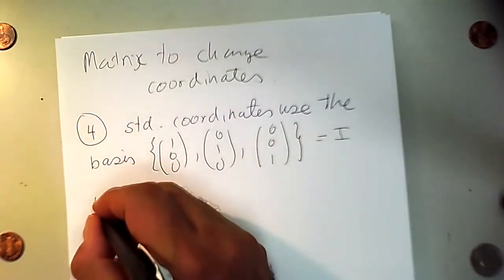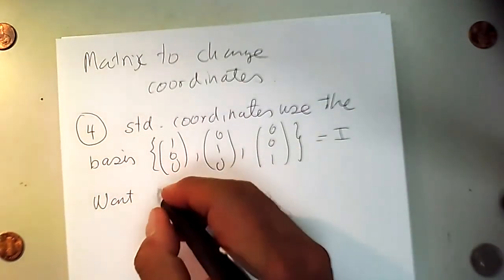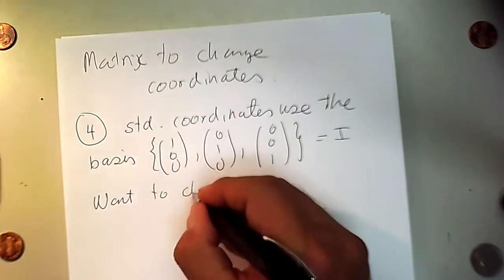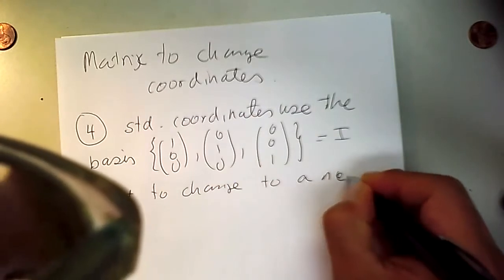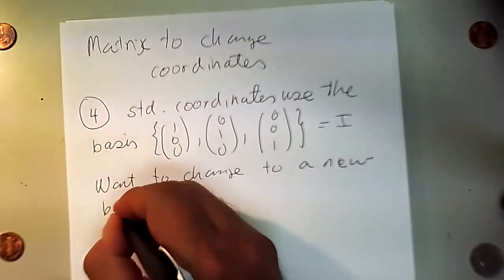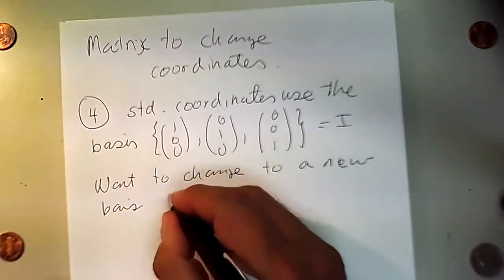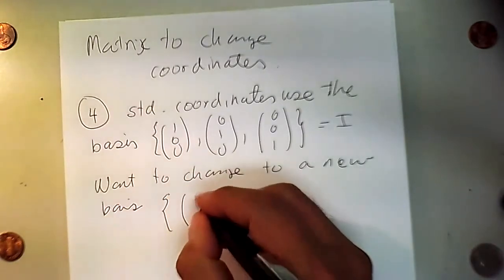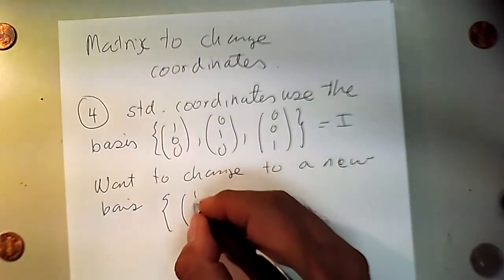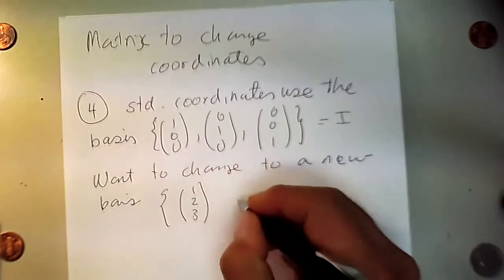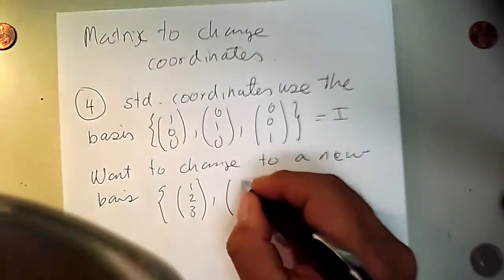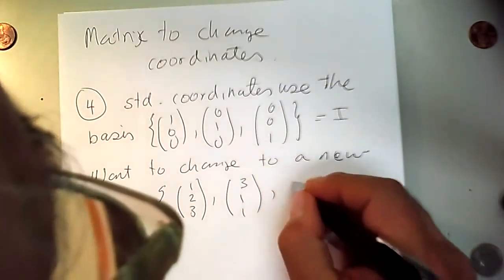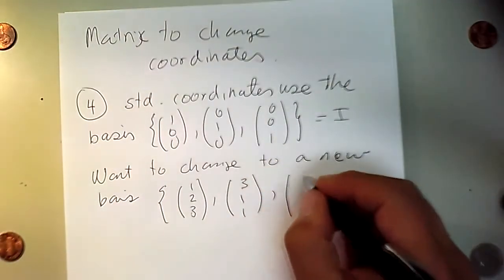Okay, say we want to change to a new basis. And I'm going to piggyback a little bit on the previous example. 1, 2, 3, 3, 1, 1, and 3, 2, 1.